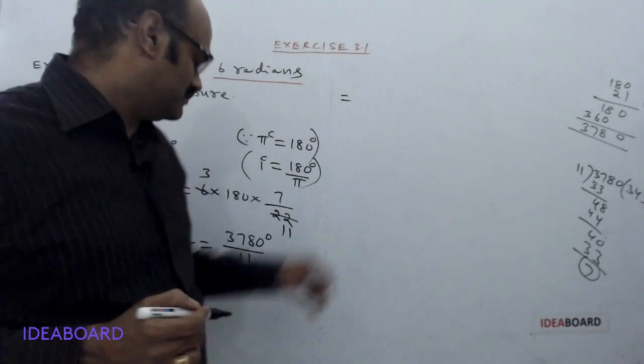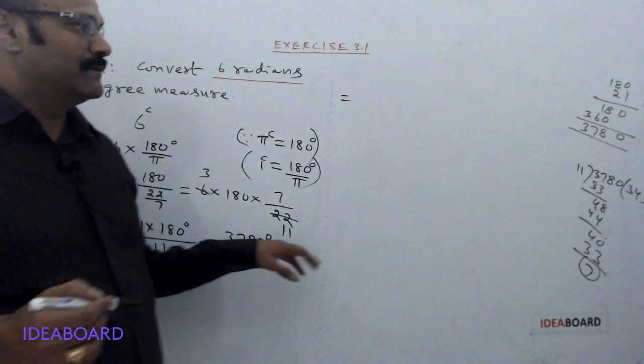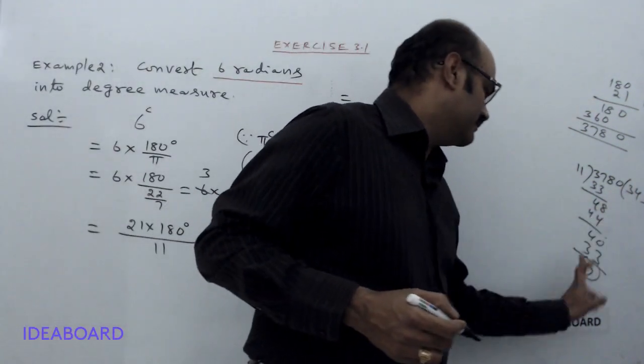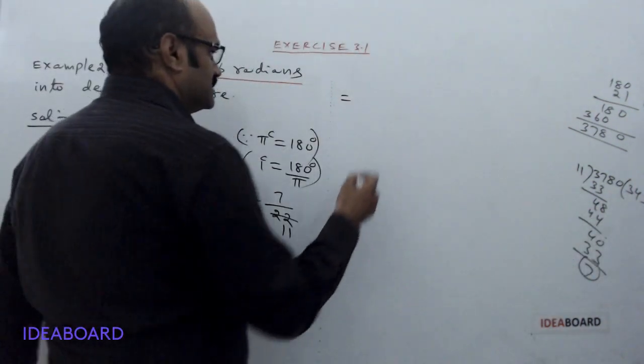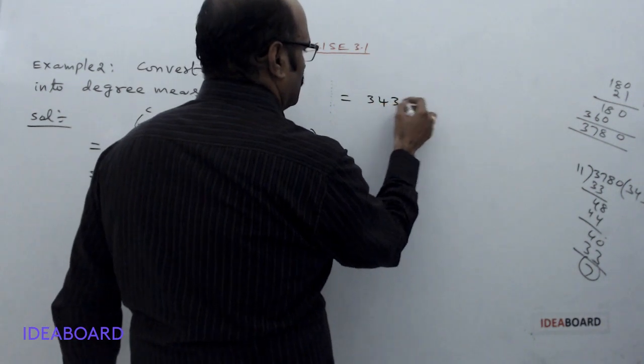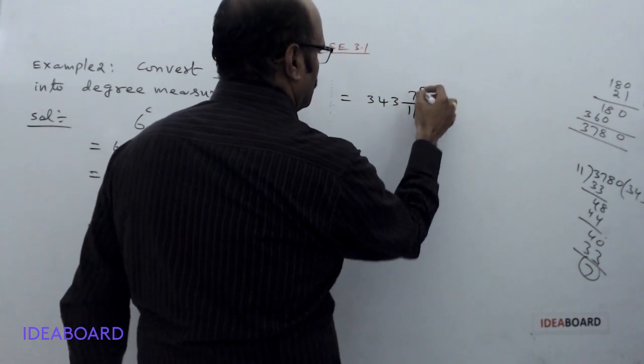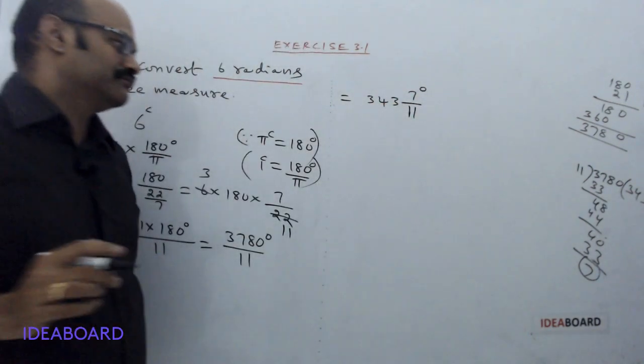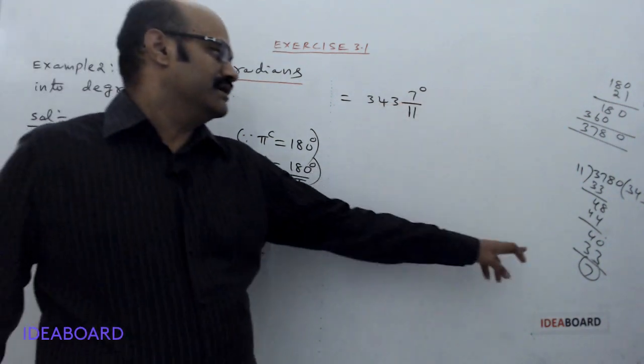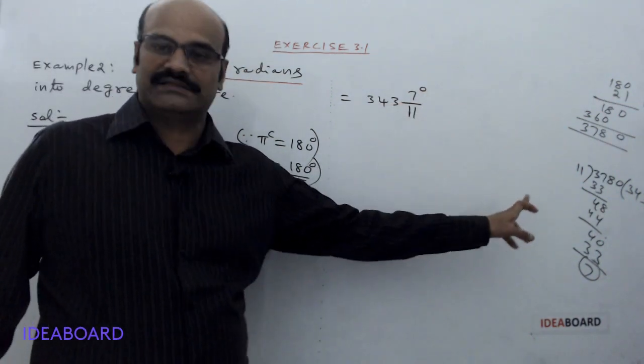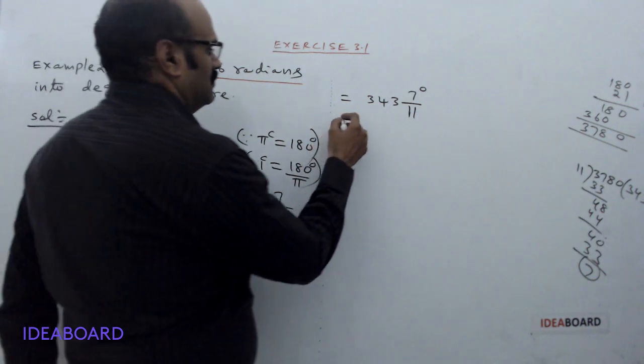So here we are getting this one equal to 343 7 by 11 degrees.